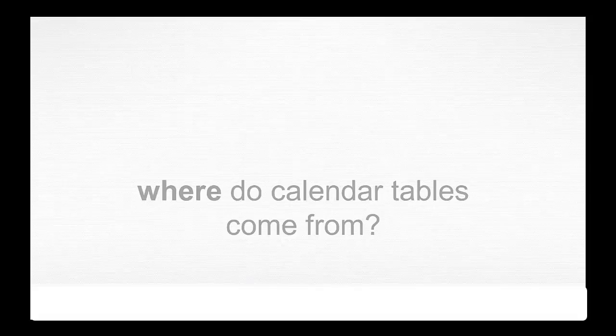Now, I know I said in a previous lesson that I didn't think we were going to get into this whole topic about where calendar tables come from, as if it's some sort of impolite, inappropriate topic. But on second thought, I really can't send you out into the world without explaining this to you, without sitting down and having a very serious conversation about it. And so we're going to have the dreaded talk about where calendar tables come from.